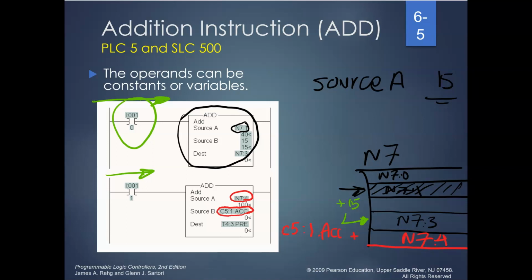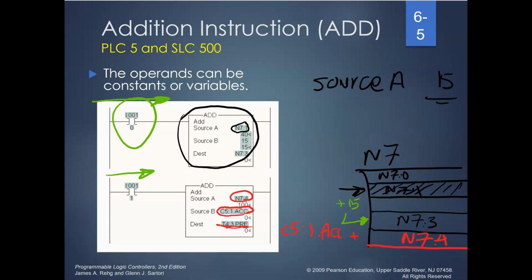The integer number that we have at N7:4 will be added to the accumulator value of counter 1, and the result will be stored as the preset value of timer 3.